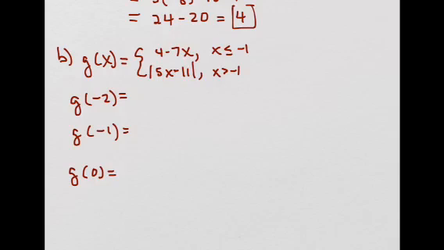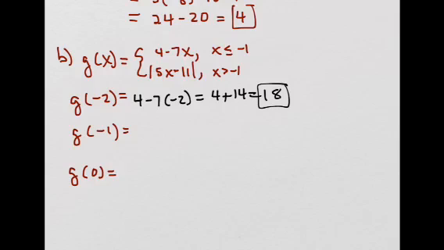So negative 2 would go here, right? Because negative 2 is less than negative 1. So that means that we are going to replace the x with negative 2 in this piece. So we get 4 plus 14, so that's 18.